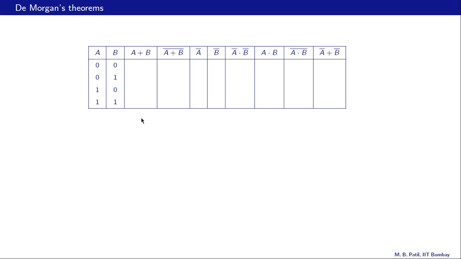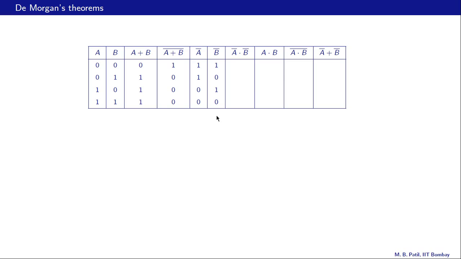A or B is 0 only if both A and B are 0 here, otherwise it is 1. A plus B whole bar, just the inverse of this, 1, 0, 0, 0. A bar would be 1, 1, 0, 0, like that. B bar would be 1, 0, 1, 0, like that.